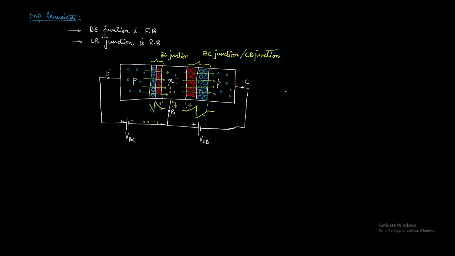In this case also, the variations of the forward bias voltage VB will control the small base current and much larger collector and emitter currents. In the PNP transistor, the majority carriers are holes, and the current flow will be mainly due to the majority charge carriers.